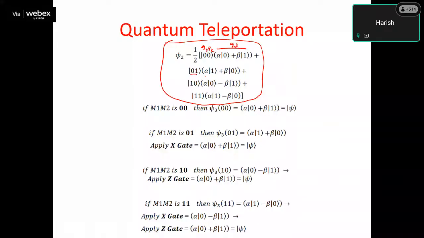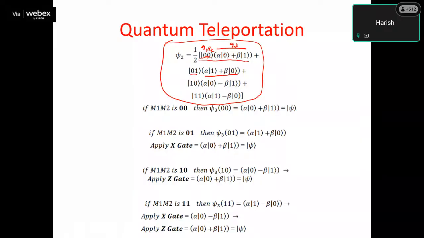If you forget about the rest and just focus on the first term: if I measure the first two qubits, q1 and q2, as 00, because in this case the first two qubits are 00. Suppose I measure the first two qubits and observe 00, then what is q3?